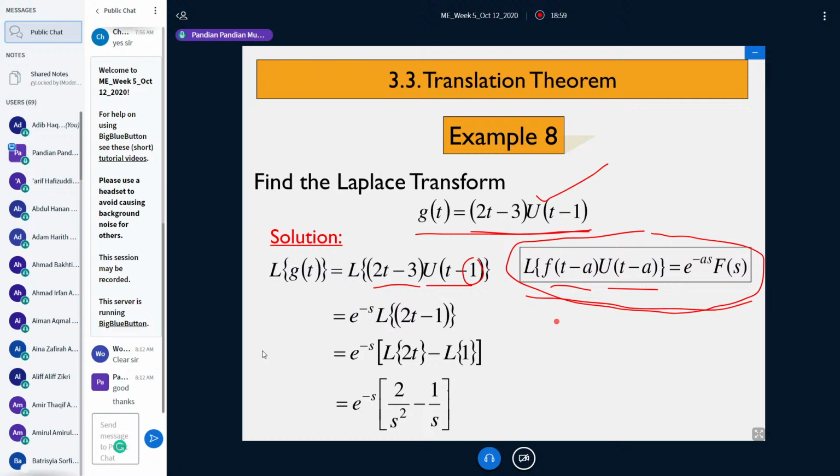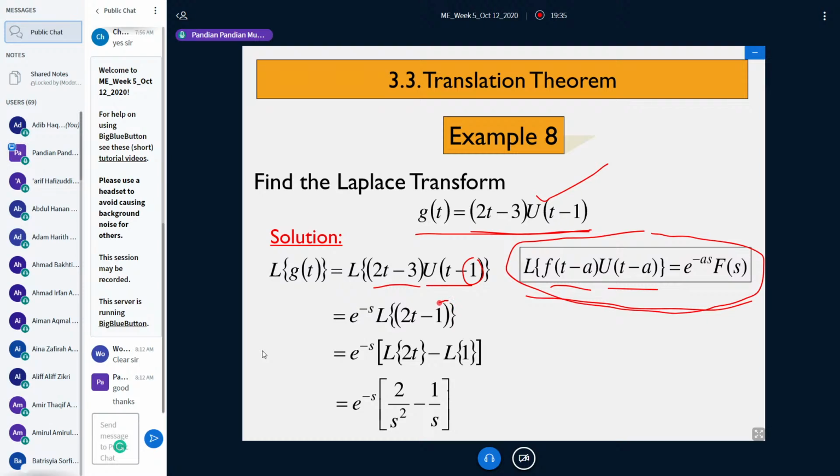So Laplace of f(t minus a) u(t minus a) is e power minus as F(s). Because this a is 1, so e power minus s Laplace of 2t minus 1.